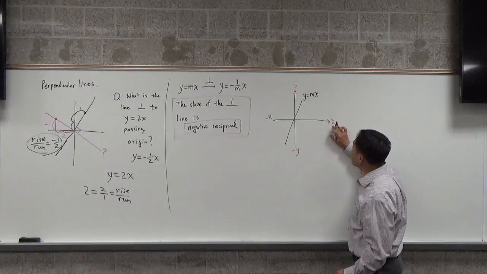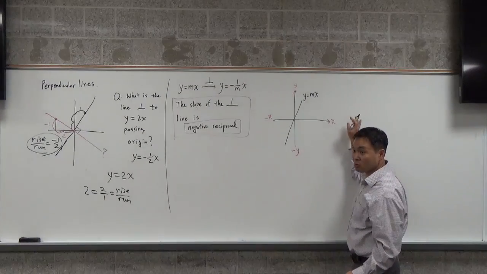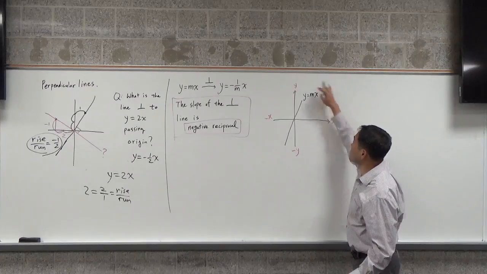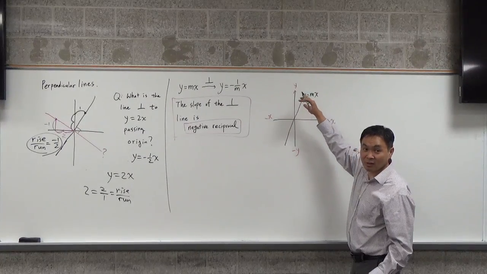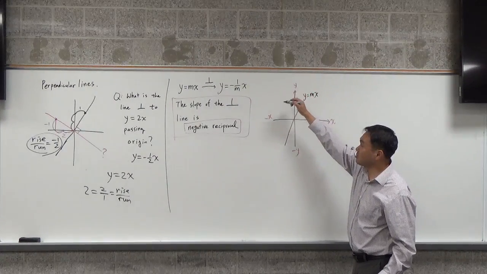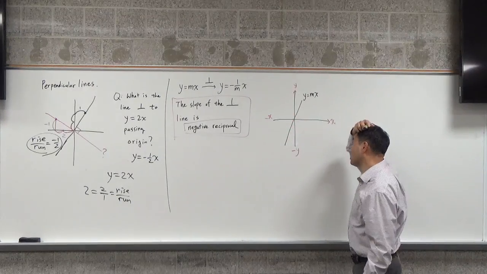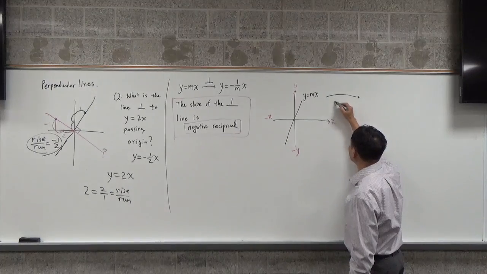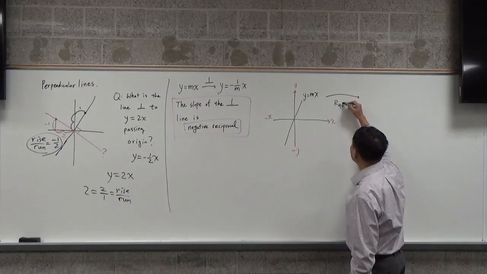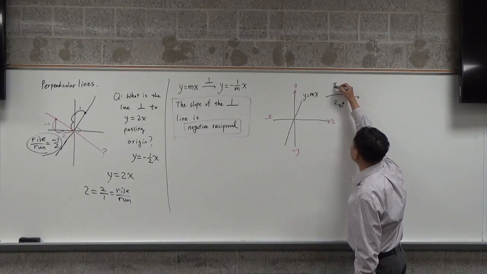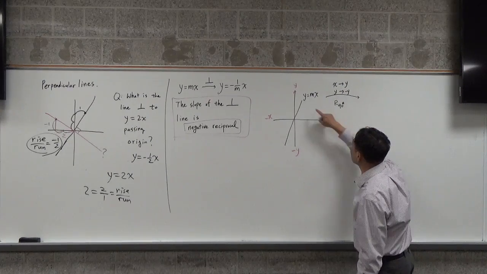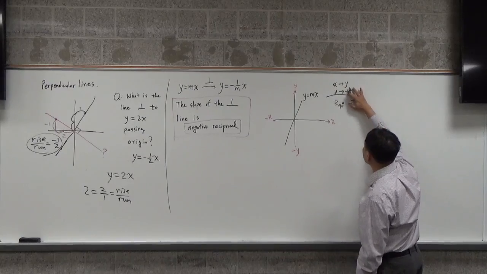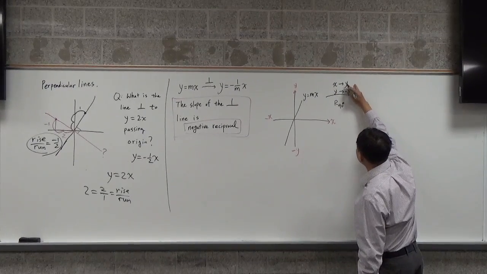So where does x go if you rotate 90 degrees? X goes to y. Okay. Y goes to negative x. So if you rotate by 90 degrees, x will go to y and y will become negative x.